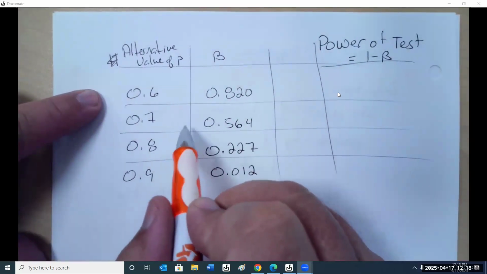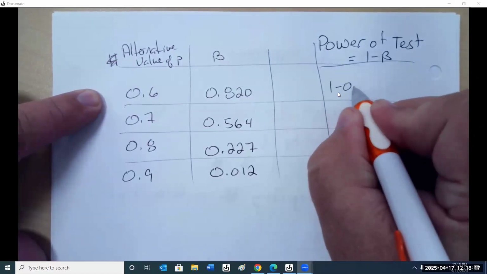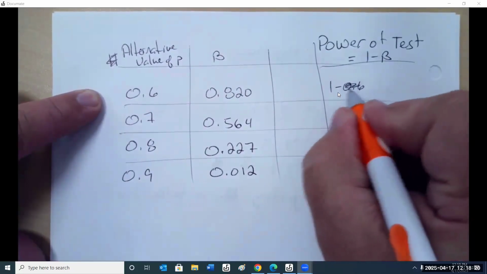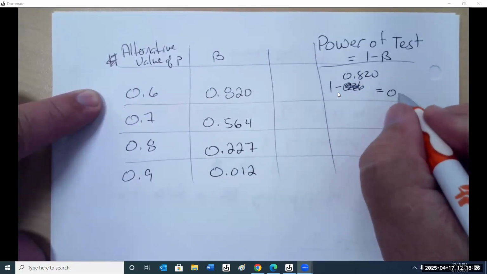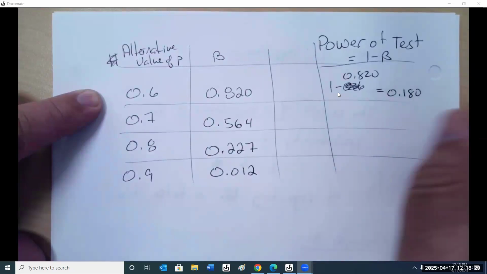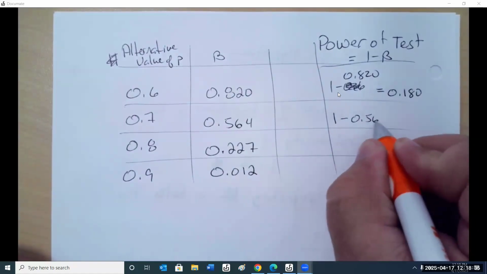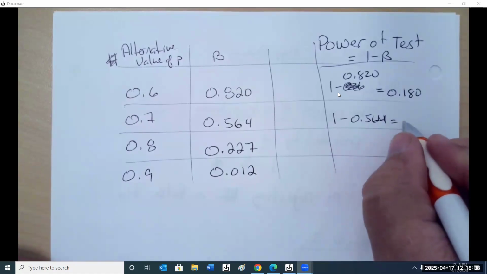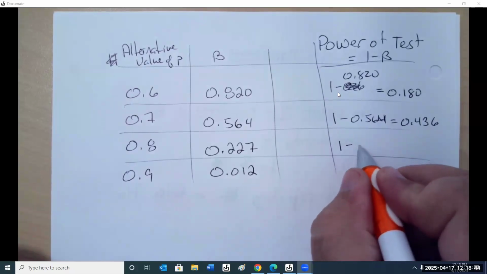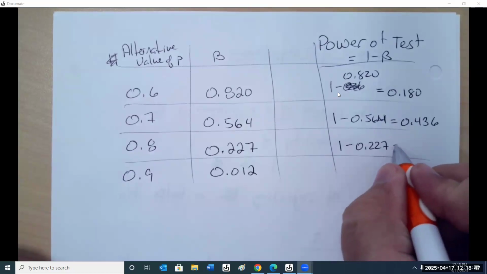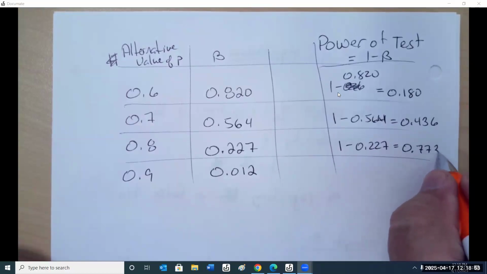So the power for 0.6 is 1 minus 0.820, which is equal to 0.180. 1 minus 0.564 is 0.436. 1 minus 0.227 is 0.773.